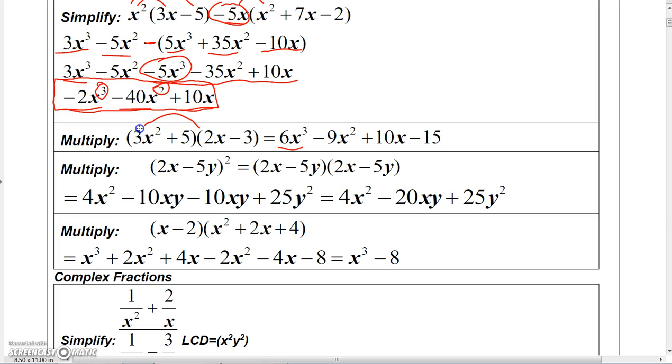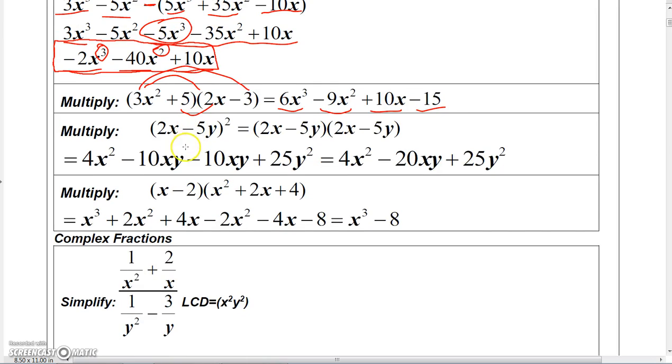And then you can do the outer product, which is 3x squared times minus 3, and that'll give you minus 9x squared. And then you can multiply the inner product, 5 times 2x, that gives you 10x. And then you can multiply the last terms, 5 times minus 3, and that'll give you minus 15. If any of these terms were alike, you'd combine them, but none of these terms are alike, so we just leave it like this.